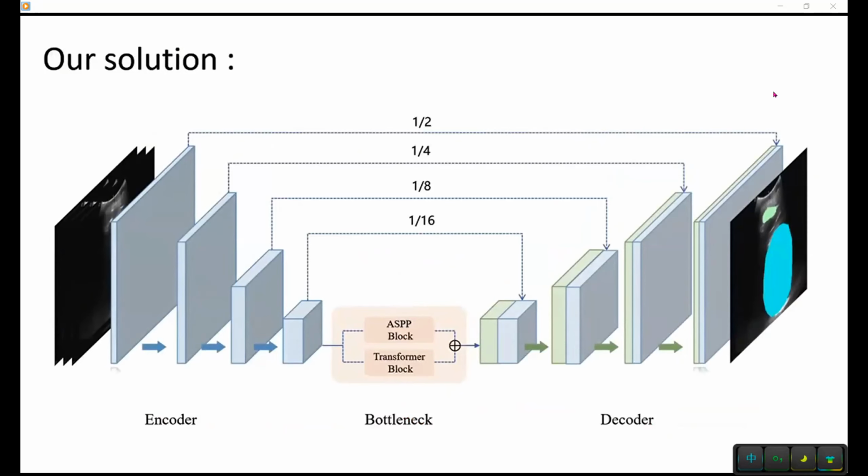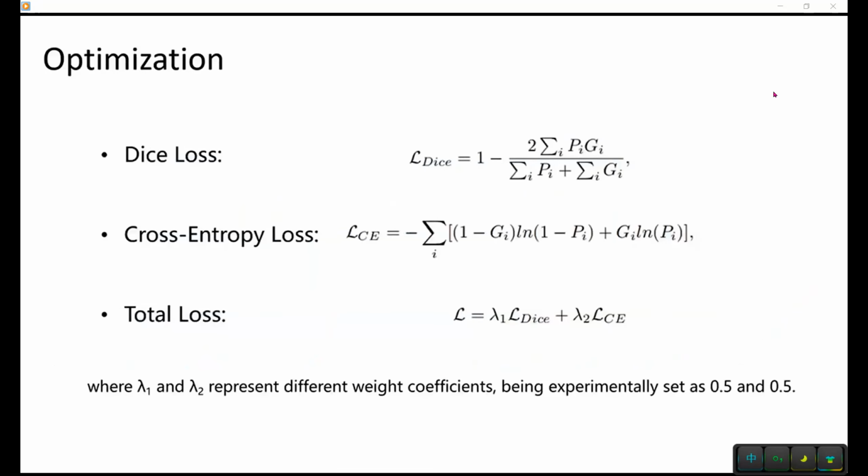Then, to efficiently model global information, we input the features into spatial pyramid pooling and the transformer to extract the fine-grained features. After fusing the features, we use a stepwise upsampling approach to obtain the segmentation mask. We use the Dice loss and cross-entropy loss as our loss functions, each with a weight of 0.5.